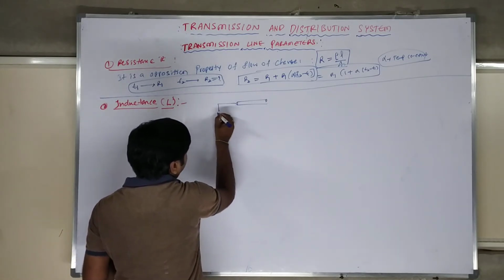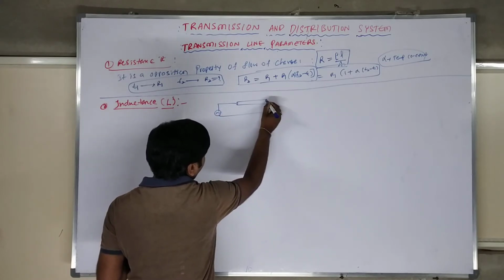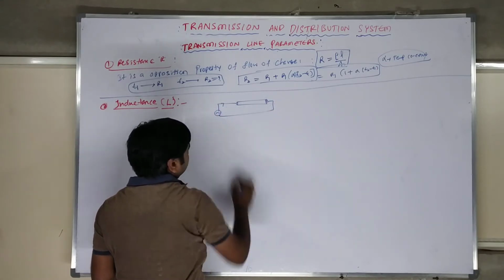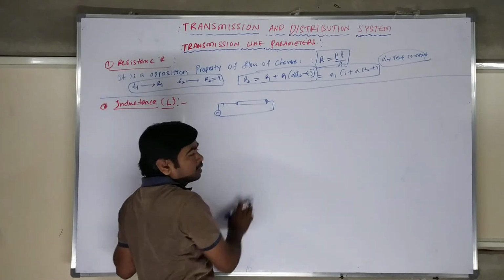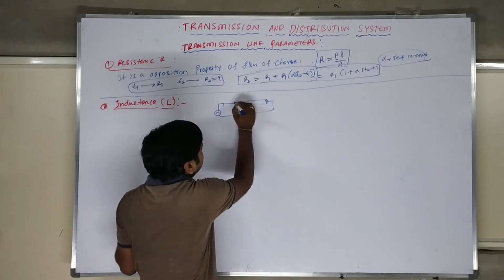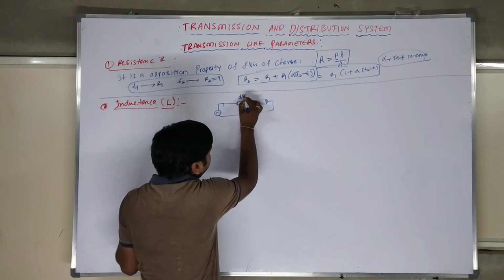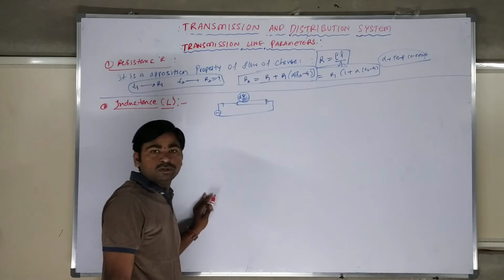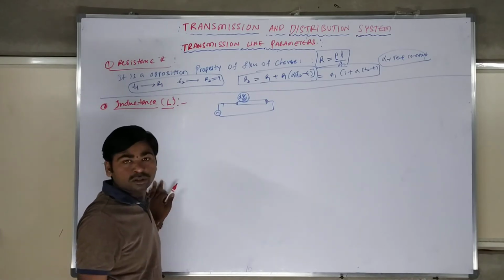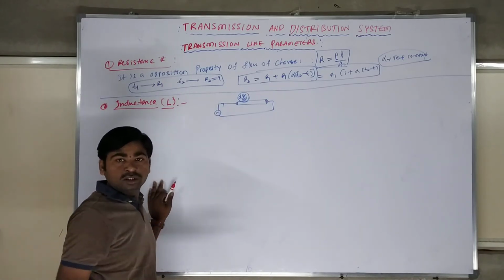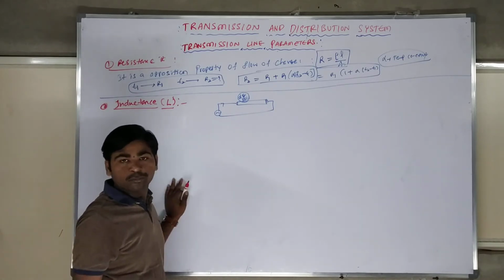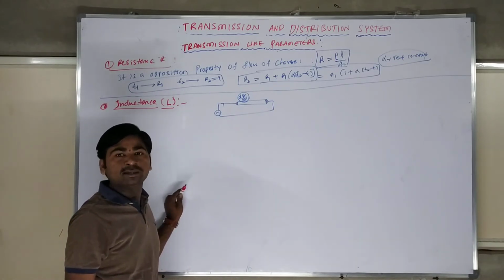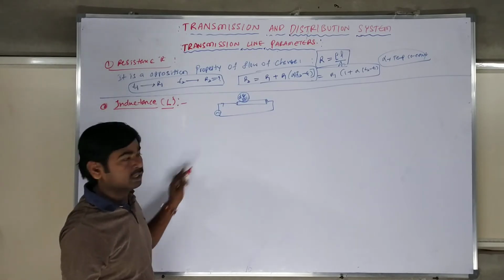When you connect an AC power supply to this conductor, the current will flow. Definitely, the changing current will create a change in flux. The changing flux links with the conductor, nothing but flux linkages with the conductor.